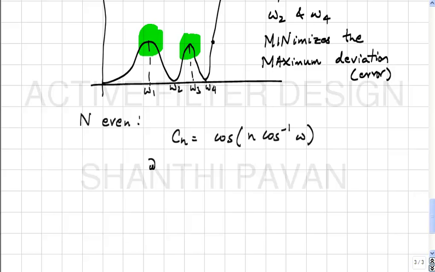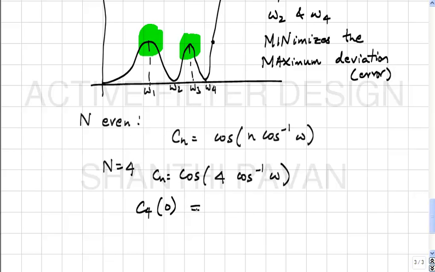At 0, let me take a particular example. N is say 4. So in the pass band it is cosine of 4 cosine inverse omega. What is it at 0? It is 1, whereas C3 of 0 is what? 0.